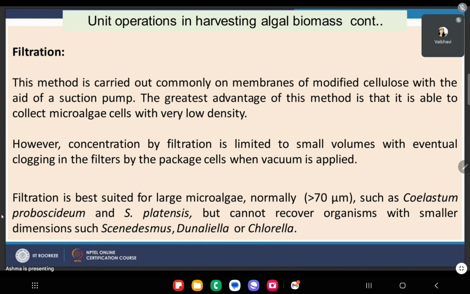But there is some limitation of filtration: concentration by filtration is limited to small volumes and with eventual clogging in the filters, because the microalgae being filtered clog the pores in the filters. So this is the limitation of filtration. Filtration is best suited for large microalgae, normally greater than 70 micron.